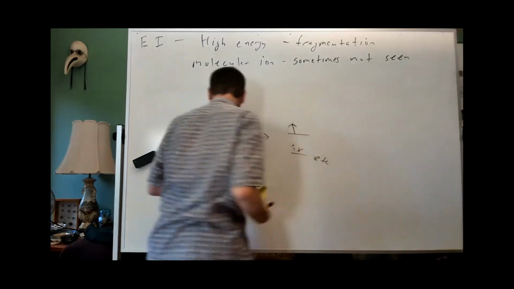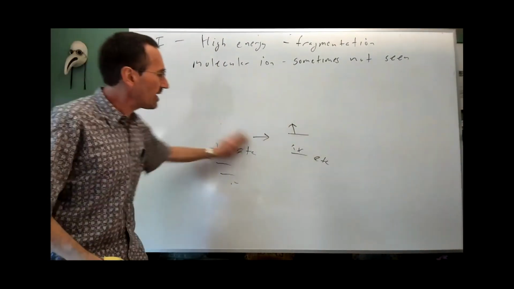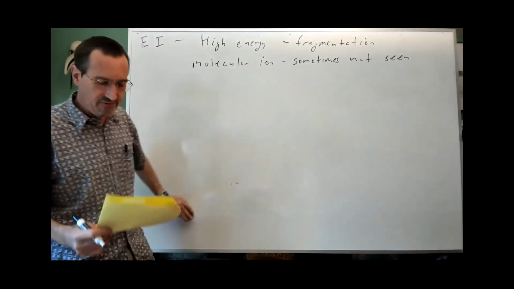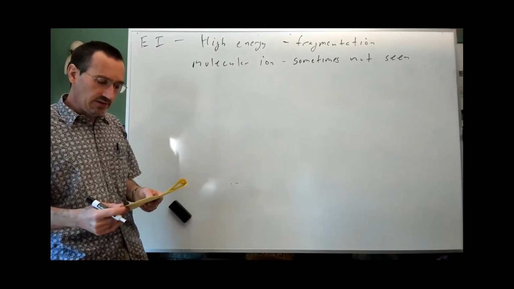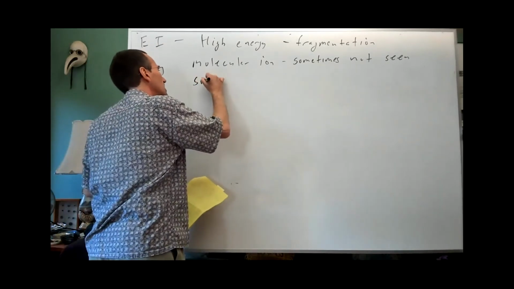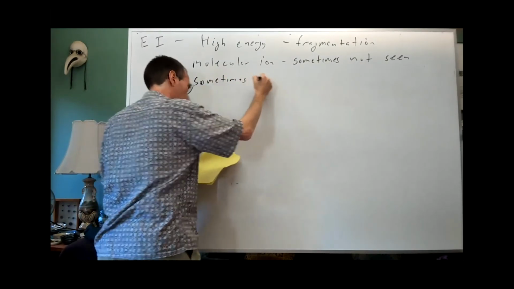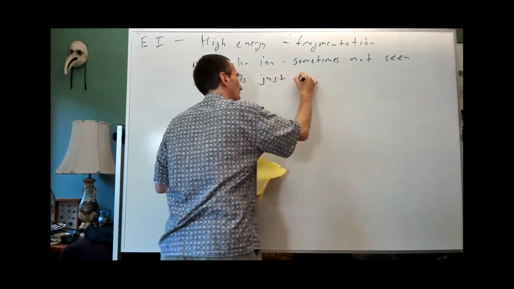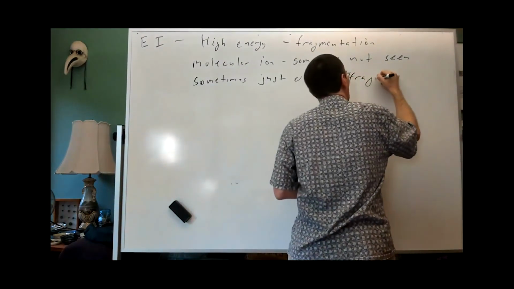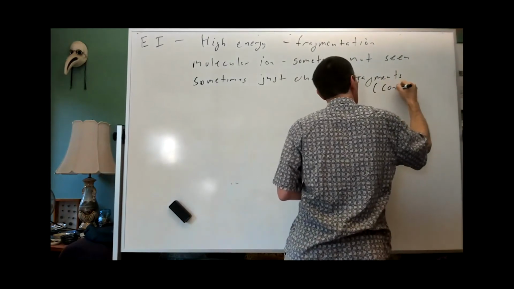And that's confusing because then you'll think that the highest peak is the molecular weight, but the highest peak won't be the molecular weight, it'll be a fragment, and you'll get yourself confused. So sometimes you just see charged fragments. And this is, as I said, confusing.